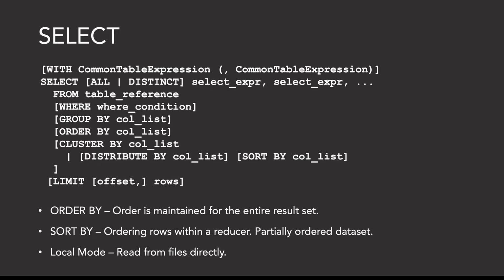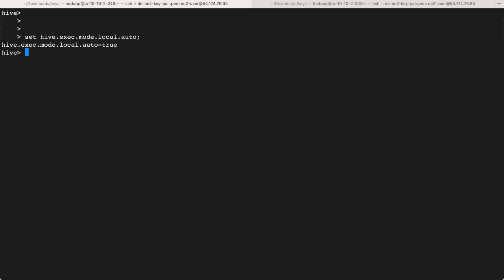And finally, I wanted to talk about local mode. There's a configuration parameter. If you set the configuration parameter, the select statement will return the rows without running map reduce or Tez tasks. This is the configuration parameter, hive.exec.mode.local.auto equal to true. By default, it is set to true.